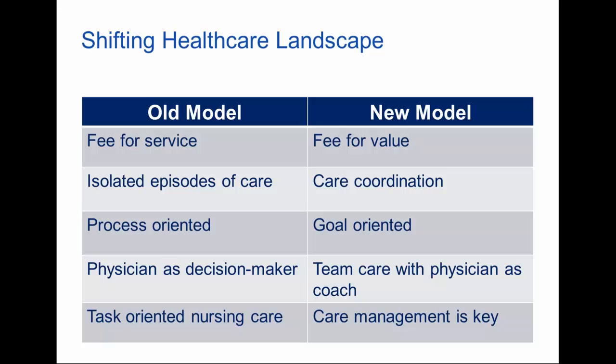The physician is no longer the decision maker, but rather provides overall coaching and support to the team, and in lieu of task-oriented nursing care, we're looking at a broader approach to care management, assuring that the right resources, programs, and services are made available to a person and their family at the moment in time that we are touching them in the care coordination and continuity of care model.